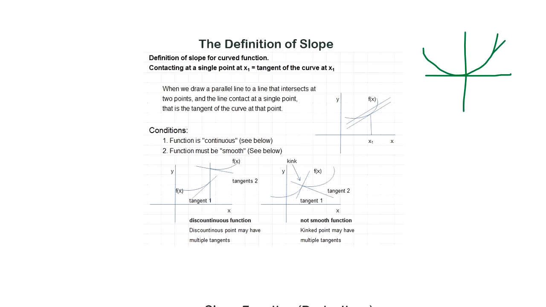A line can contact a single point, or it could be 2. What happens if you move the parallel line? Then you are intersecting at 2, eventually it becomes a single point, then eventually no contact at all.